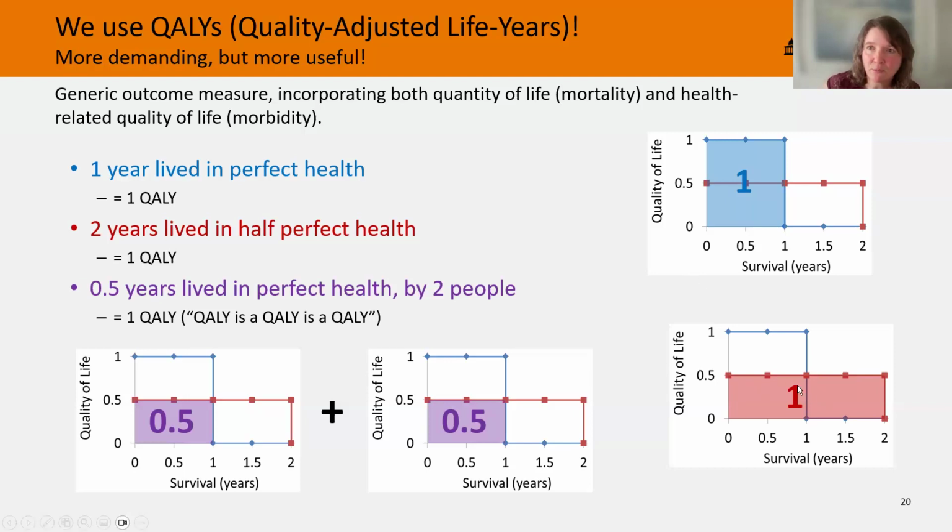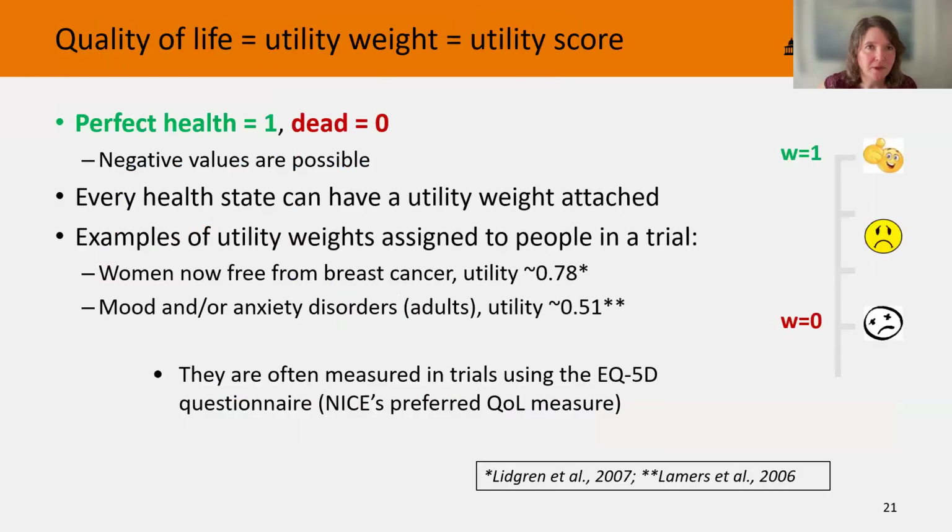The red one down on the bottom right here is also 1 QALY, so we've got a half times 2. So this is still an area of 1 QALY, so where somebody has got a half perfect health state and they're in it for 2 years. And you can also have 1 QALY by adding up half a QALY each for 2 different people. So that's just a reminder of what QALYs look like and how they're calculated.